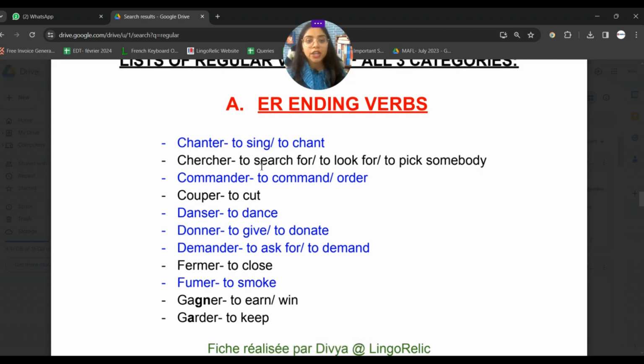Now you have chercher, chercher, which means to search for, to look for, or to pick somebody. Next is commander, commander, which means to command or to order. Next is couper, couper, to cut. Danser, danser, to dance. Donner, donner, to give or to donate as well.